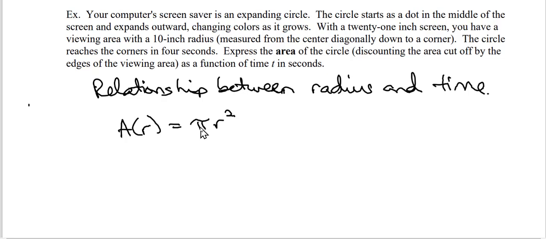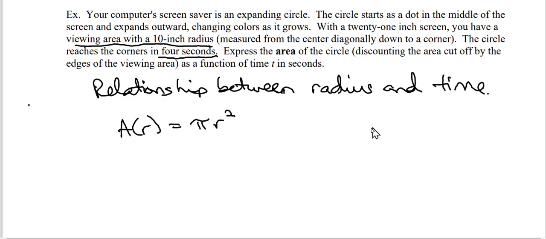All right, we have a viewing area with a 10-inch radius. The circle reaches the corners in 4 seconds. Relationship between radius and time. Well, clearly we're going to have to look at the viewing area radius and the time that it takes to do that, right?